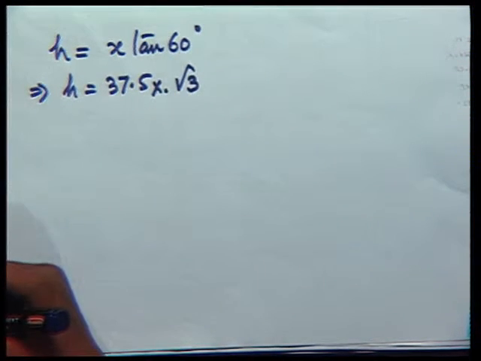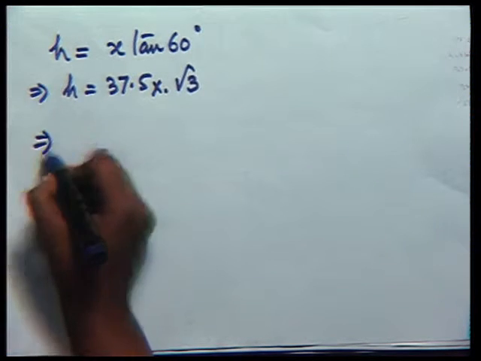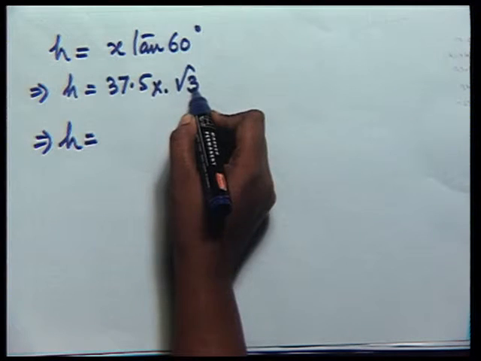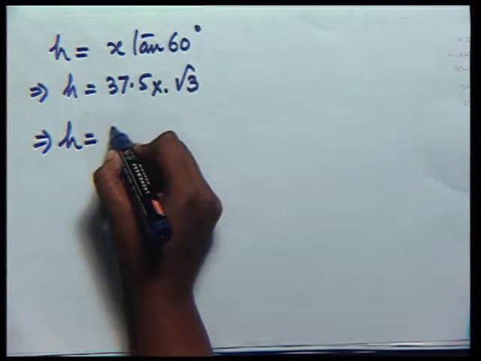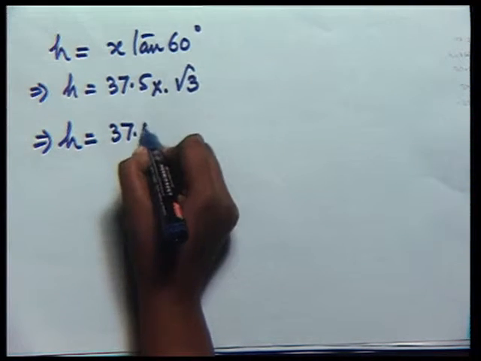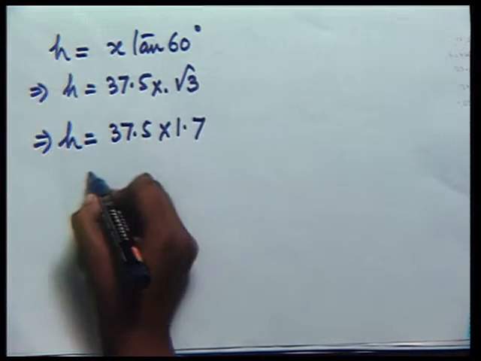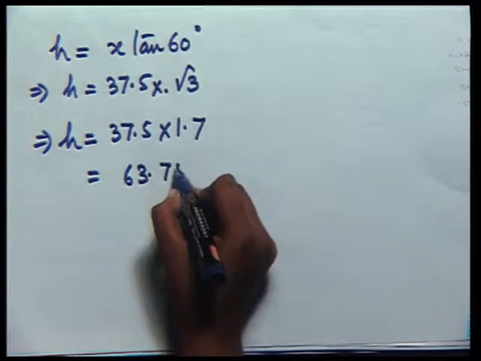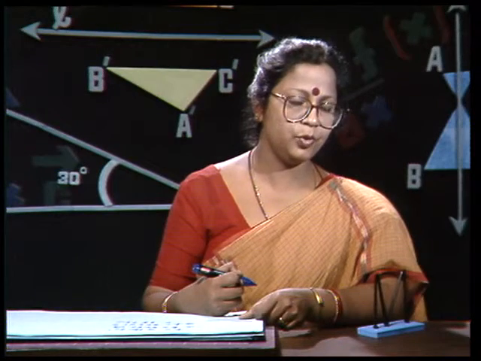So this gives us the value of h is equal to, taking the value of under root 3 as 1.7 approximately. So 37.5 into 1.7, that is 63.75 meters.